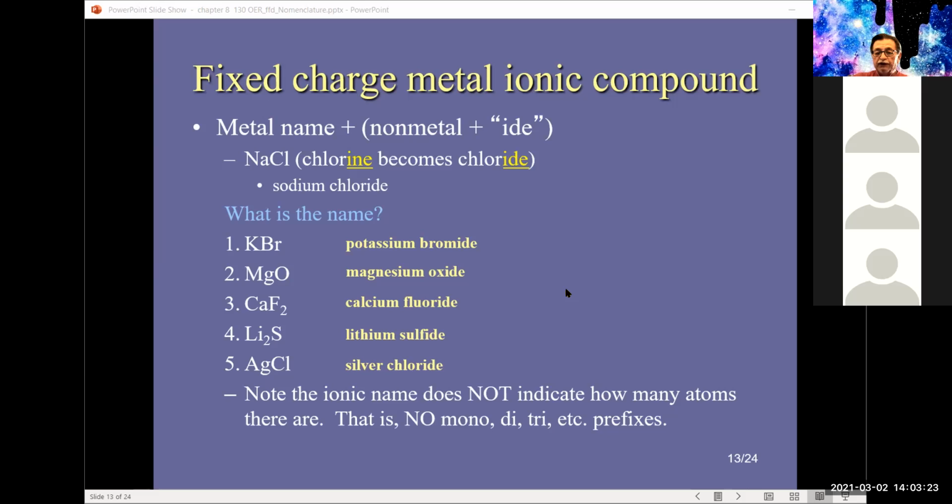And we didn't use any prefixes. So for example, number 3 is simply calcium fluoride, not calcium difluoride, okay? Nor is number 4 dilithium sulfide. It's simply lithium sulfide, okay? So no prefixes and no Roman numerals for any of the metals that are part of the 16, okay?